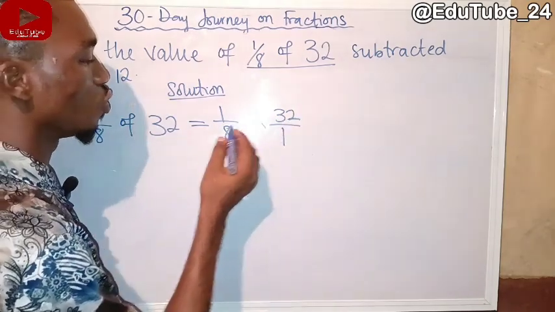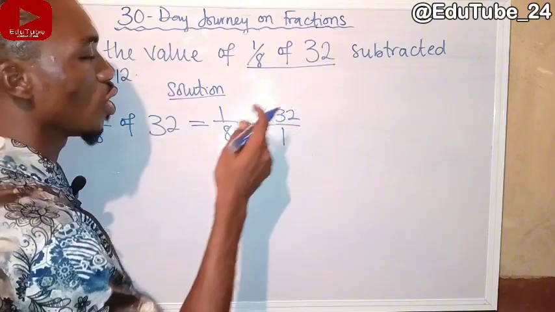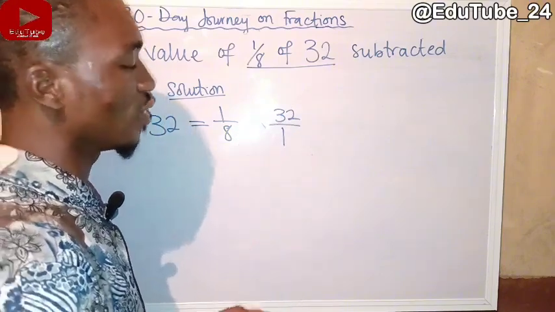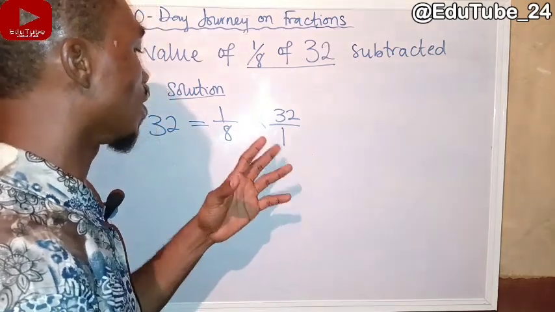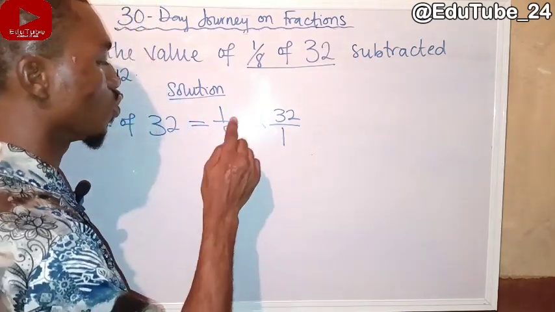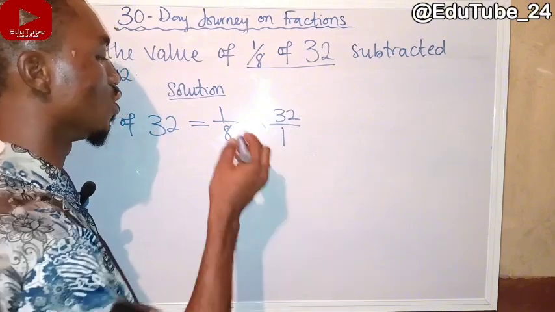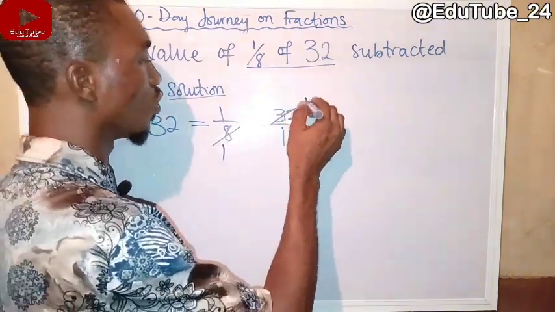So we have 32, 8, 1, 1. 8 and 32 have a common factor. Don't forget, common factors are numbers that can divide the same number. The common factor of 8 and 32 is 8 itself. So 8 in 8 gives us 1, and 8 in 32 gives us 4.